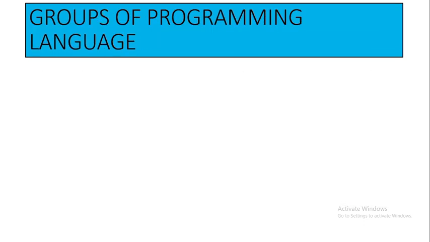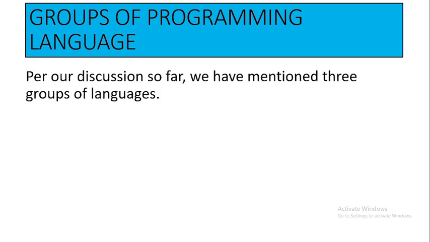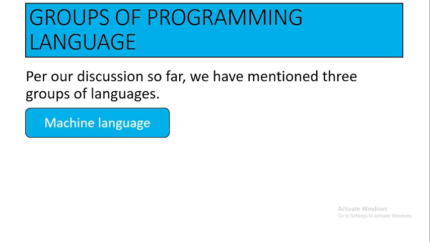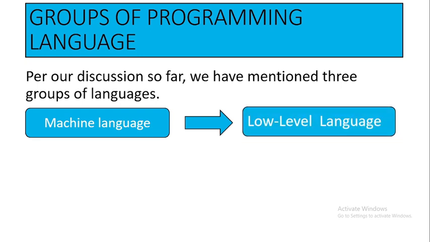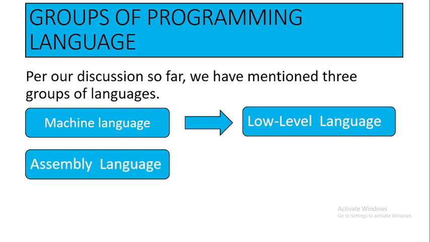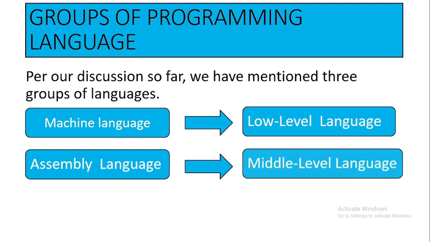So we have groups of programming languages. Throughout this lesson, we have mentioned 3 groups of what? Of programming languages. We made mention of machine language, which belongs to a group known as what? Low-level language. Then we have assembly language, which also belongs to a group known as what?